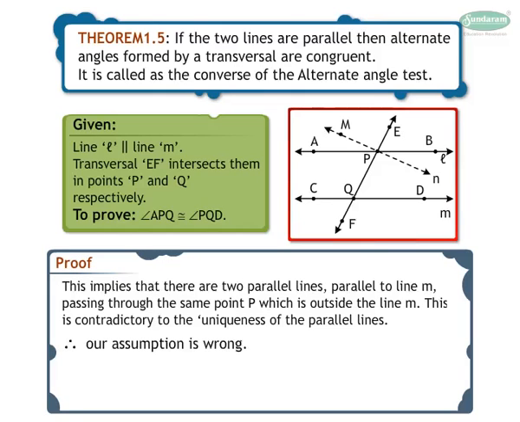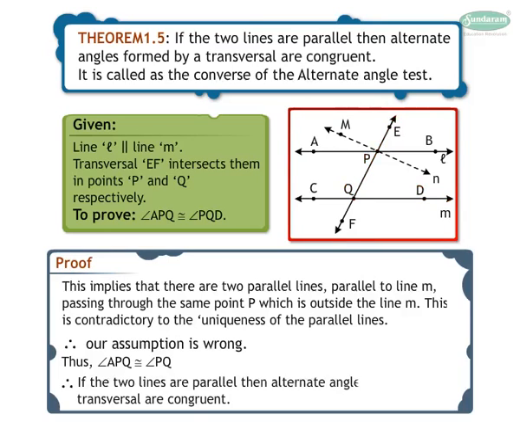Therefore, our assumption is wrong. Thus, angle APQ is congruent to angle PQD. Therefore, if two lines are parallel, then alternate angles formed by a transversal are congruent.